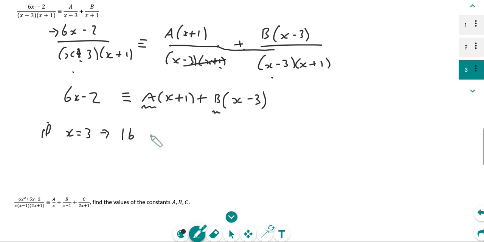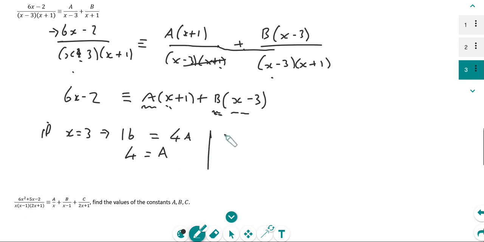So you get 16 would be equal, I'm using an equal sign now because I've substituted in a particular x, a times x plus 1. So that'd be 3 plus 1, so that'd be 4a. And what would happen to the b part? Well, inside the brackets, it would have 3 minus 3, so that would actually disappear. So I can find out now that the value of a is in fact 4.